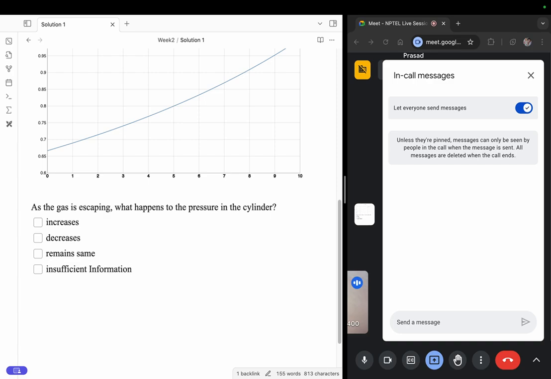So we know that as the mass is escaping, the specific volume will keep on increasing because volume is held constant.